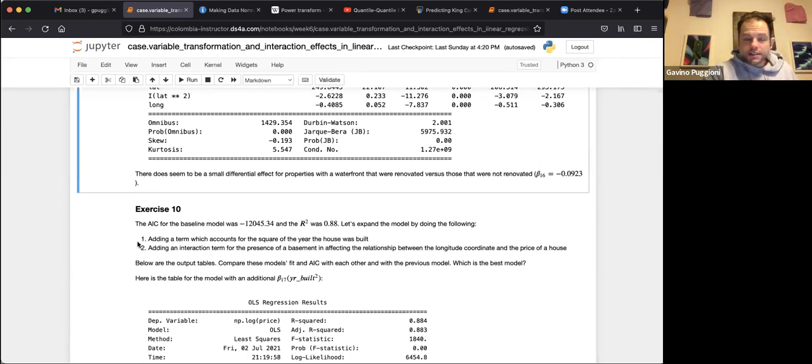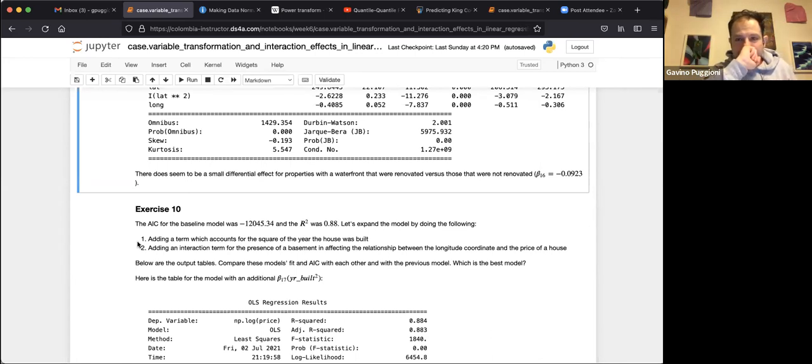So the first one is essentially asking you to say, okay, is there a nonlinear effect of year built? So imagine that there is a particular time in history where houses were built very well, or that they were very good houses. Then you probably would expect that the price would peak and then decrease, right?